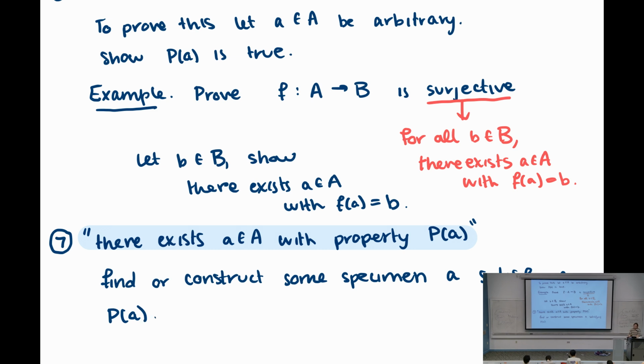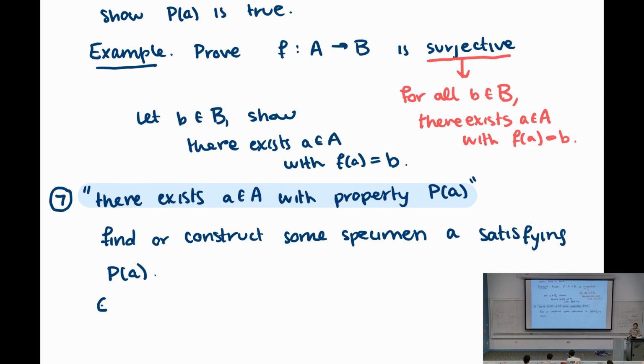So in the surjective function example, if we wanted to show that this function f was surjective, then the second half of this is that we need to show that there exists an a in A such that the function f maps a to b.